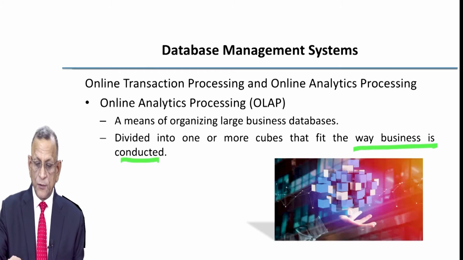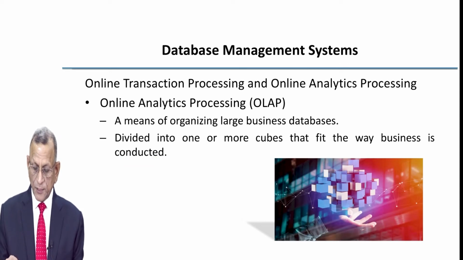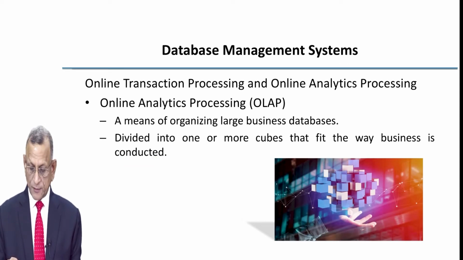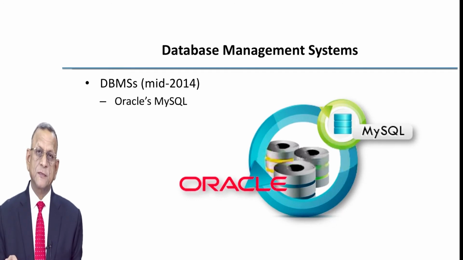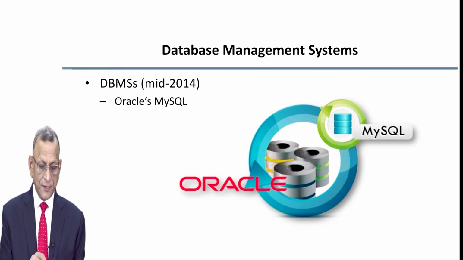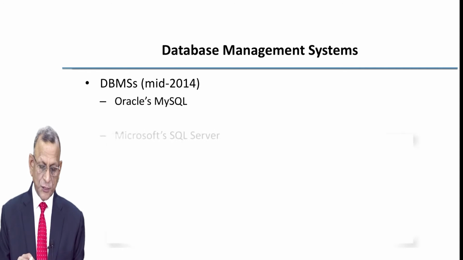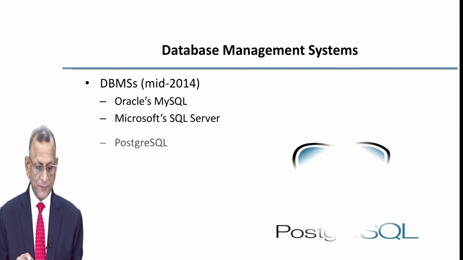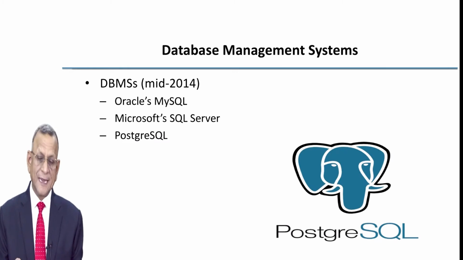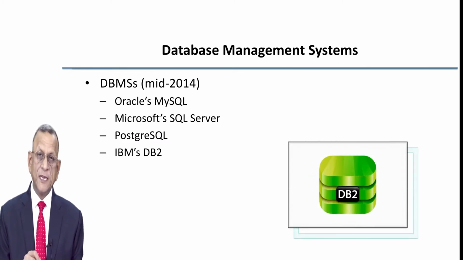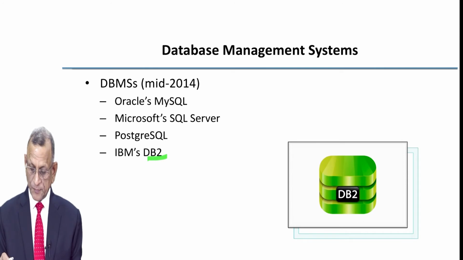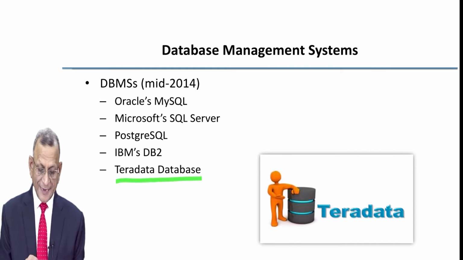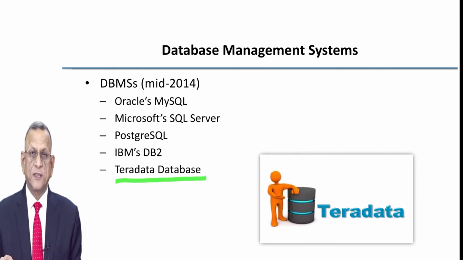Friends, for this we have something known as a database management system. What kind of database management systems do we have? We have Oracle MySQL, we have Microsoft SQL, we have PostgreSQL, we have IBM's DB2, and then, friends, we have Teradata databases.